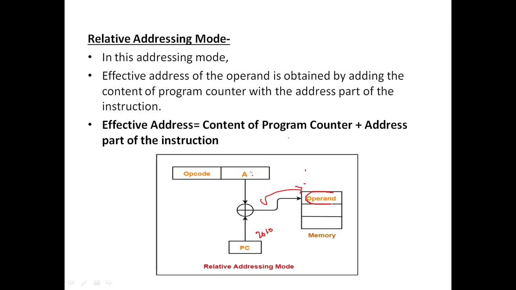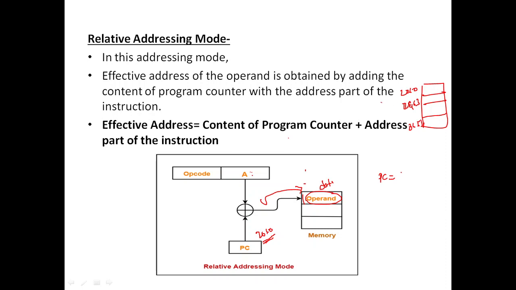Here the operand is there. That is, the data is there. So this program counter, this address, suppose the PC is holding this memory location, here 2060, 2963 and 3651.